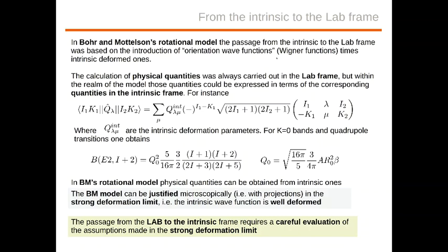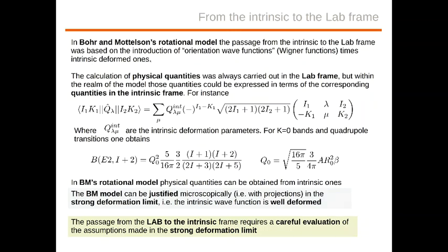The idea Bohr and Mottelson had at that time was to introduce some additional degrees of freedom into the intrinsic description. These additional degrees of freedom are orientation wave functions, in the form of Wigner functions, and they were decoupled from the intrinsic ones.